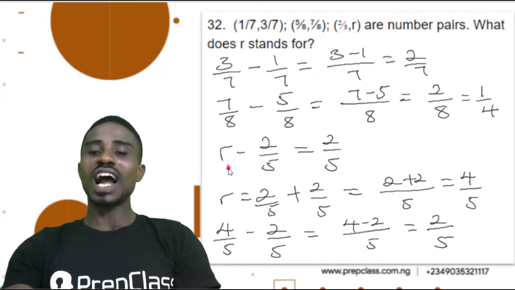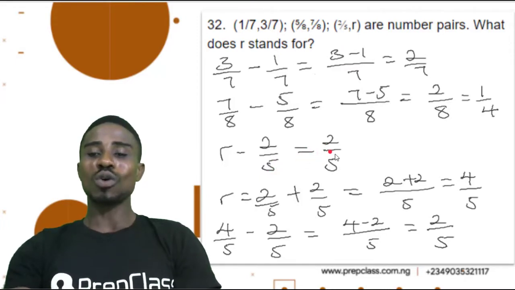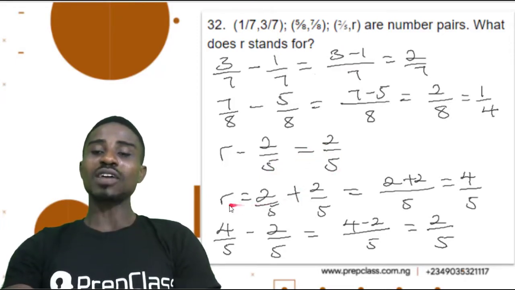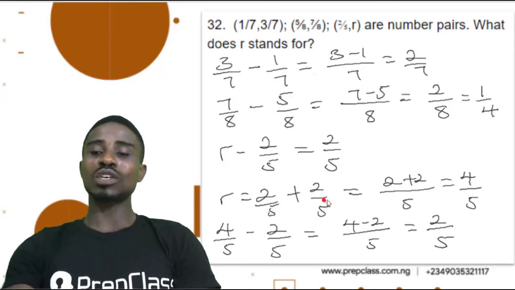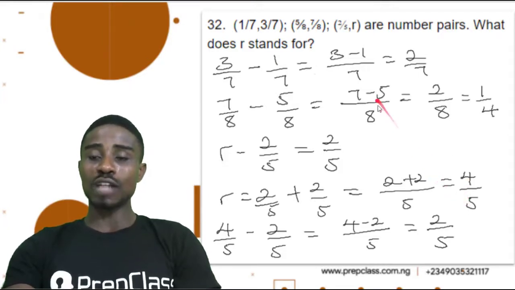So definitely, to resolve R, we have R minus 2 over 5 equal to 2 over 5. So R will be equal to 2 over 5 plus 2 over 5. Now, if we find the LCM, it is 5, and this will give us 2 plus 2, which will be equal to 4 over 5. So if we say 4 over 5 is R, now let's look at the difference between 4 over 5 and 2 over 5.